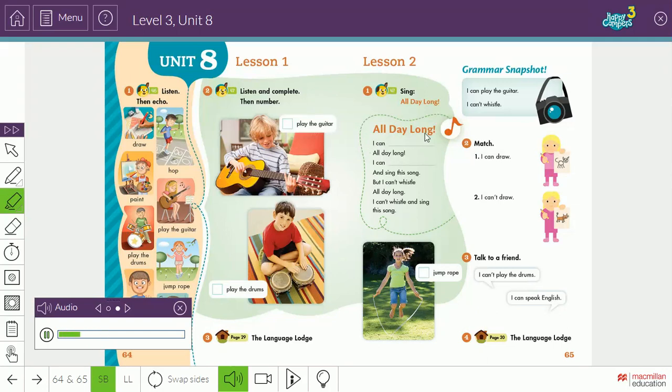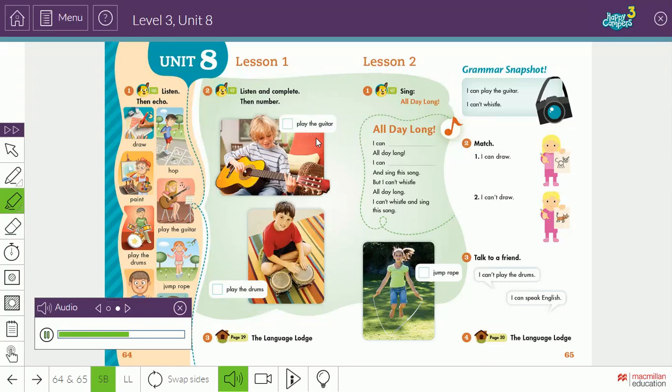I can jump, jump, jump all day long. I can jump rope and sing this song. But I can't whistle all day long. I can't whistle and sing this song. I can play, play, play all day long. I can play the guitar and sing this song.